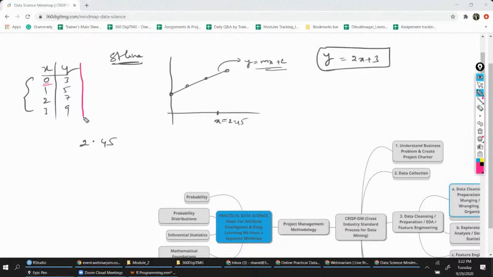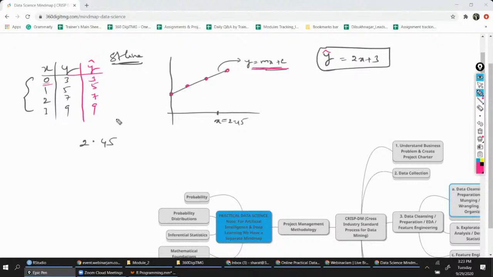I'm trying to draw the prediction values, and remember, predictions will have this hat symbol. So if x equals 0, y hat is 3. If x equals 1, y hat is 5, then 7, 9. So you are predicting the data exactly on that line, and your data is also falling on that line. So your equation is perfectly fitting the data.